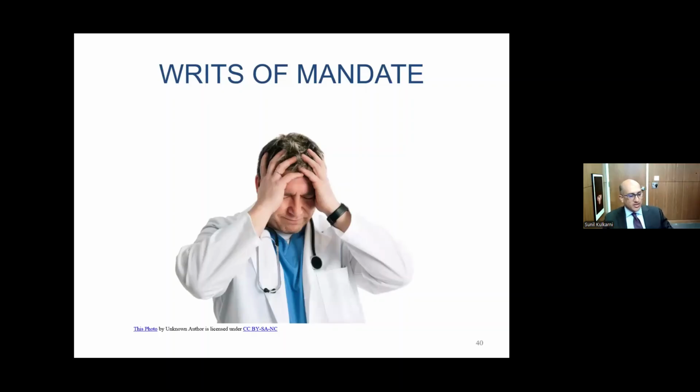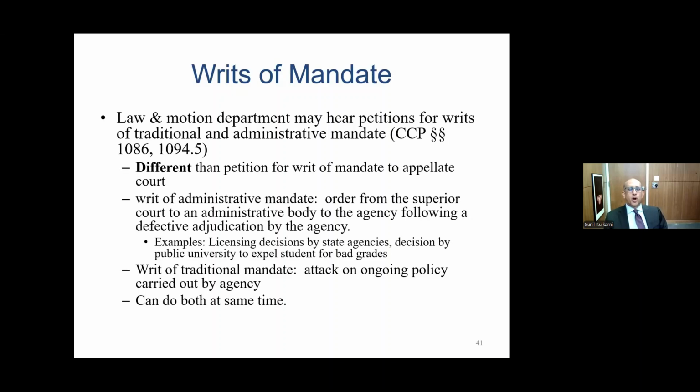And then finally, writs of mandate. The Law and Motion Department may hear these kinds of motions. Excuse me, in some places, for example, in Los Angeles, they have a whole separate department, writs and receivers, that hears these kinds of motions. And the idea is that you're asking a state agency or the state to do something.